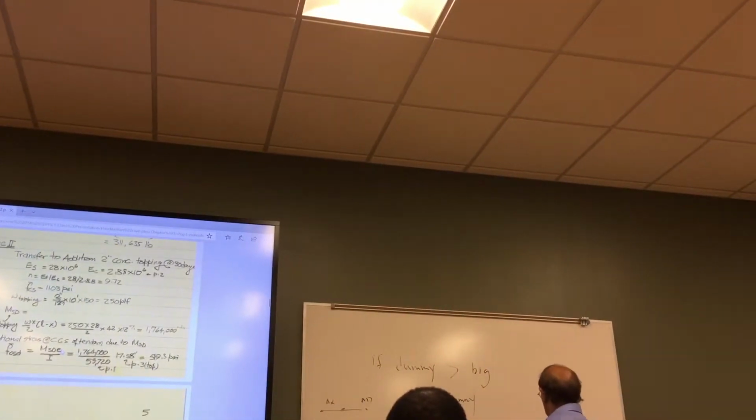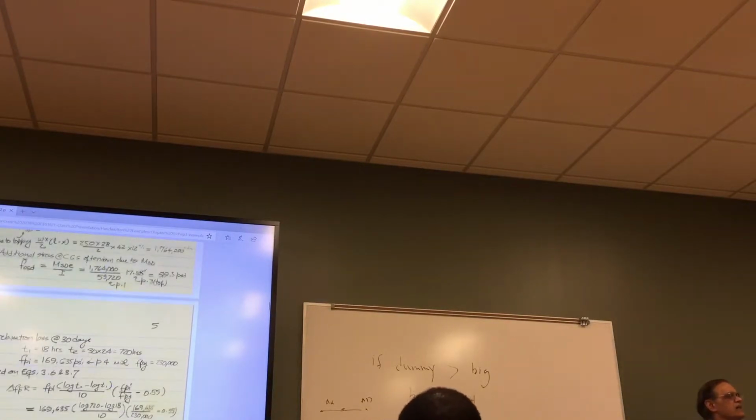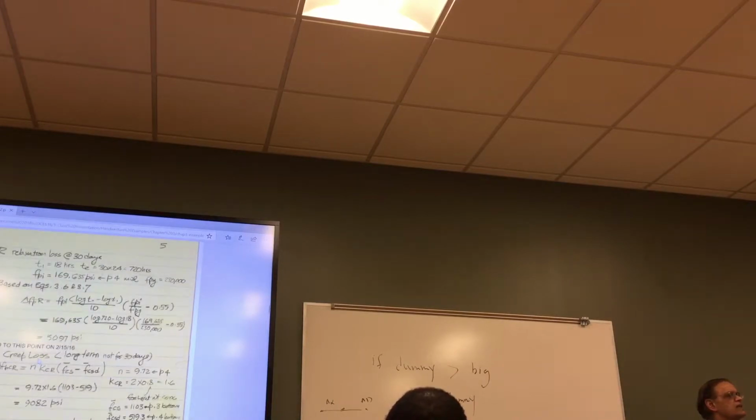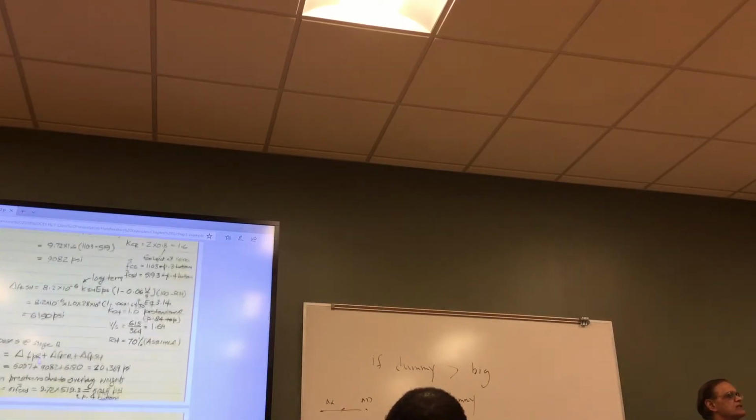So this is the neutral axis, and this is E, right? So that's why we have E and I, and then relaxation and all that. Then you come down to this.